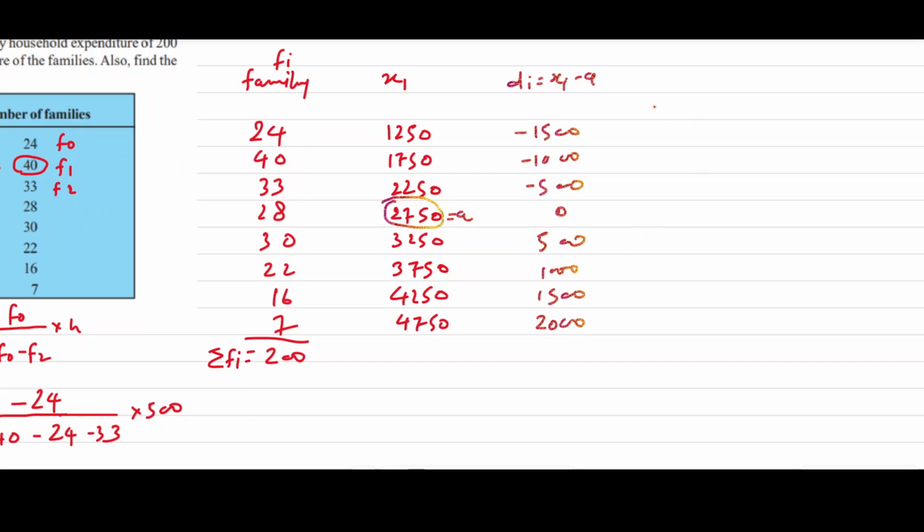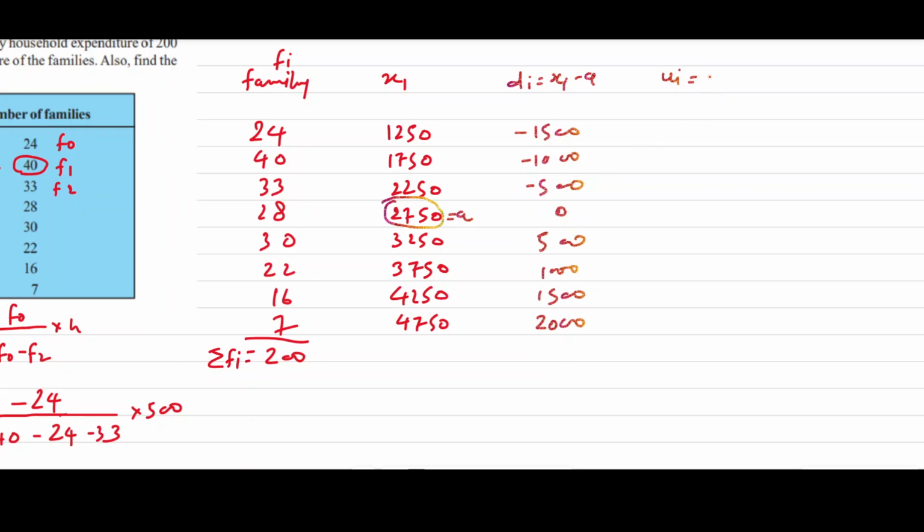Because these are bigger numbers, we have to move on to the step deviation method. Here we have zeros, so we divide all sides, because these are multiples of 500.